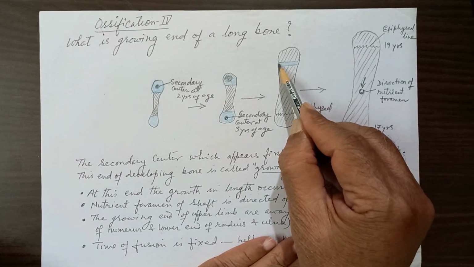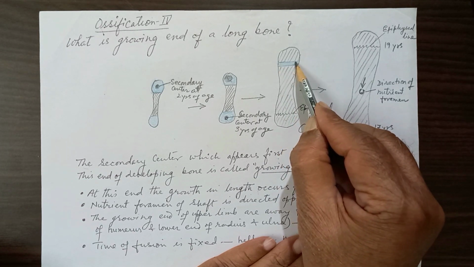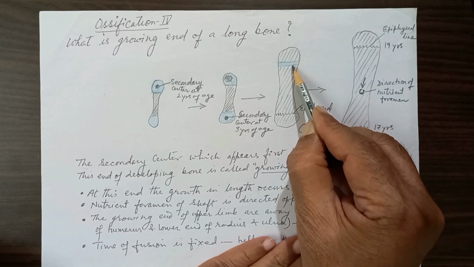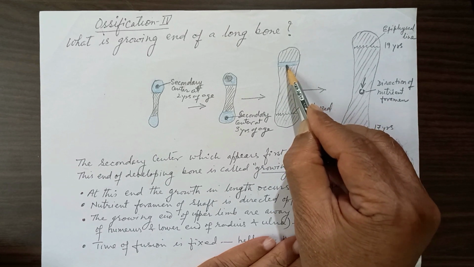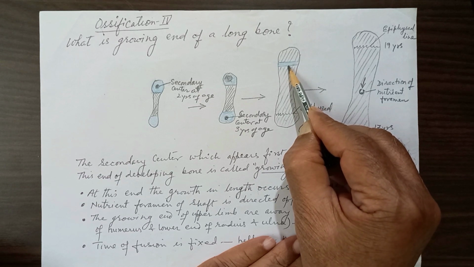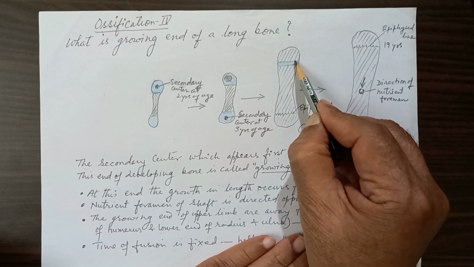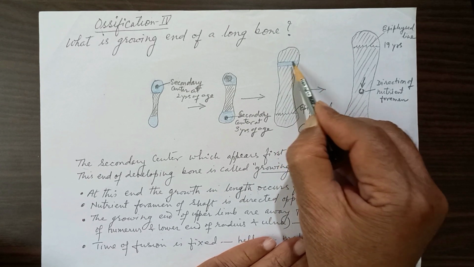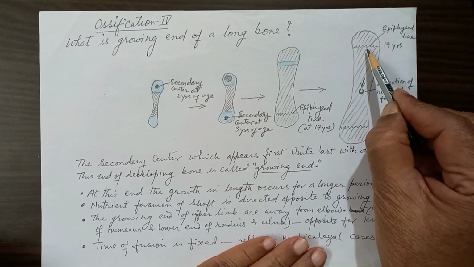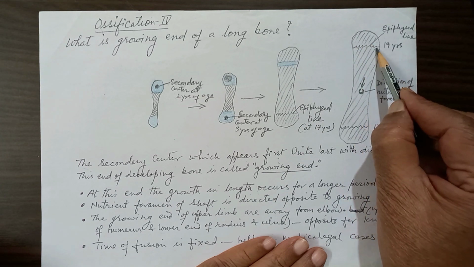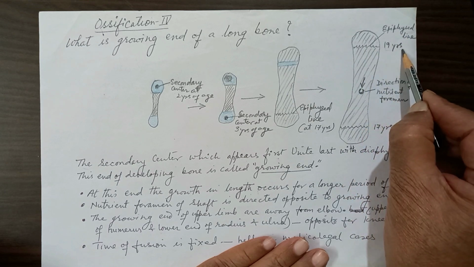Now see the upper end, which appeared at the second year of age. It will keep on growing because this epiphyseal plate still exists, and on its epiphyseal side it is growing, and on the diaphyseal side it is being replaced by bone at the metaphysis. So the upper end is still growing, and after some time this will fuse with the diaphysis, and the epiphyseal line will appear at 19 years.